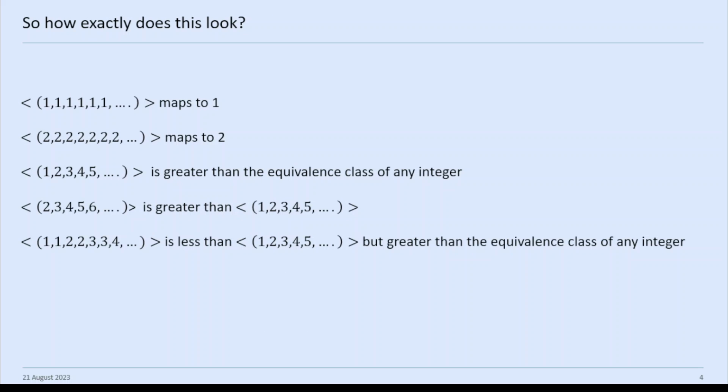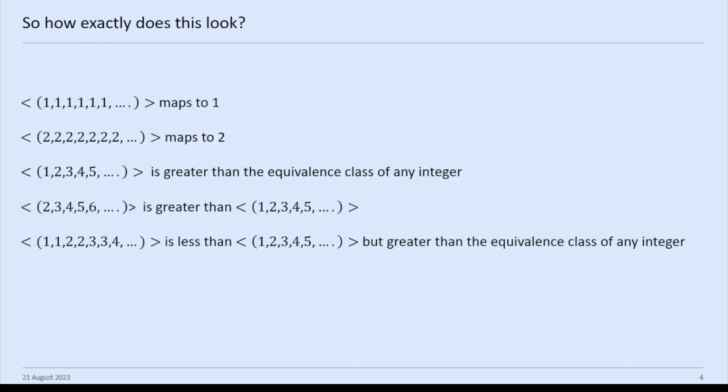So basically, the equivalence class of the string of all of the ones maps to 1. So for instance, in that equivalence class, you could have something that goes 2, 1, 1, 1, 1, 1, 1, 1. That's fine. That is still mapping to 1. The equivalence class of the string of all the 2's maps to 2.